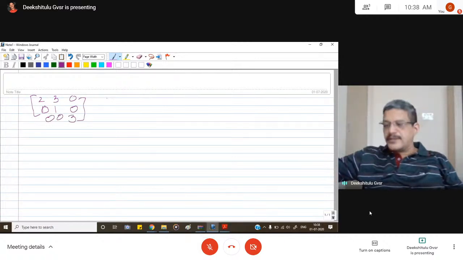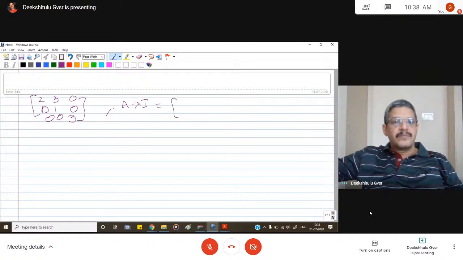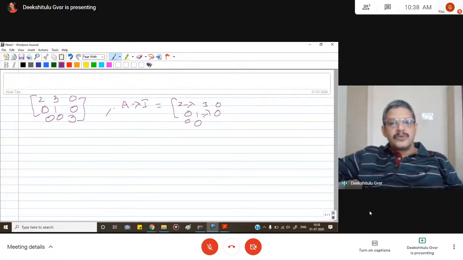If you take a matrix like this, what happens to A minus lambda I? 2 minus lambda, 3, 0; 0, 1 minus lambda, 0; 0, 0, 3 minus lambda. So what happens to determinant of A minus lambda I?